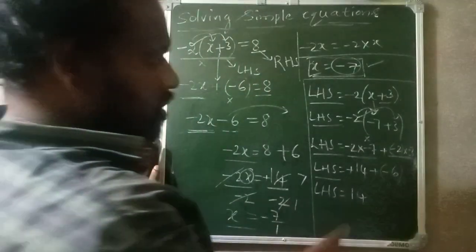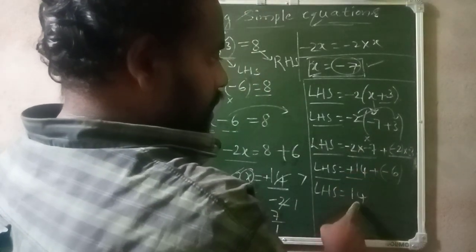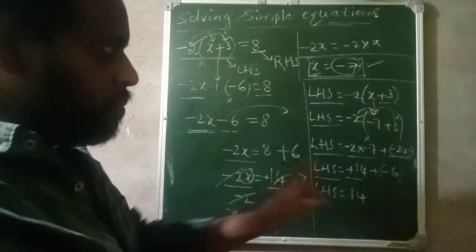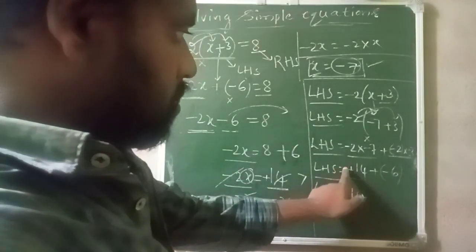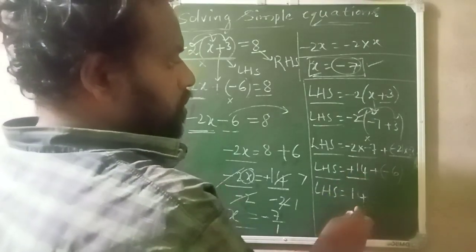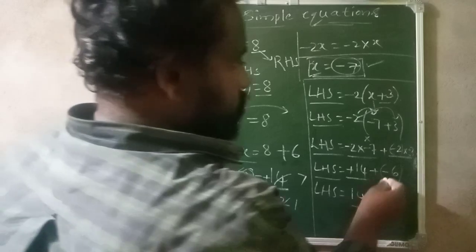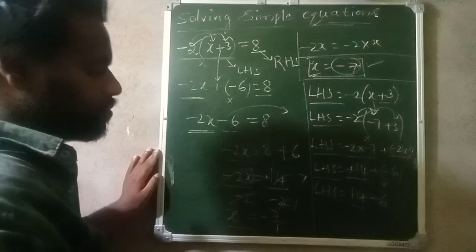plus 14 or just 14, both are same. Here nothing is there means plus is there. Instead of plus 14 I can write just 14, because before plus there is no number. So instead of plus 14 you can just write 14, no wrong. Next this bracket is like multiplication, so plus into minus, minus 6 you keep as it is.